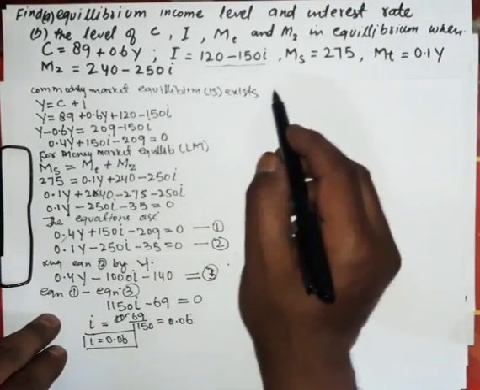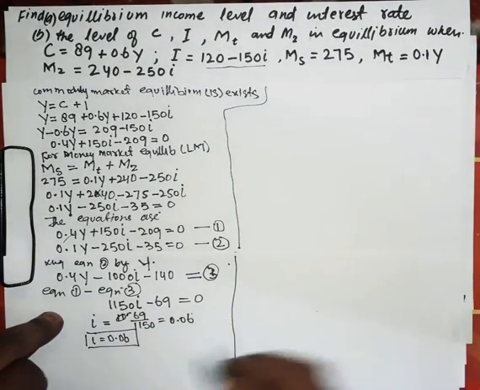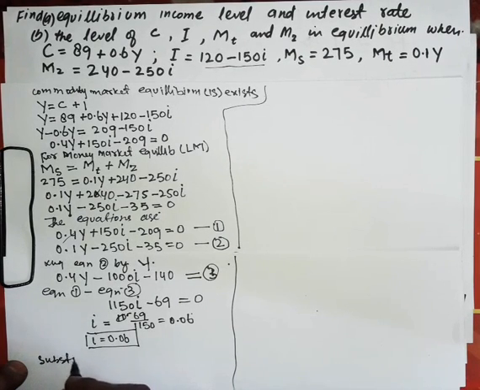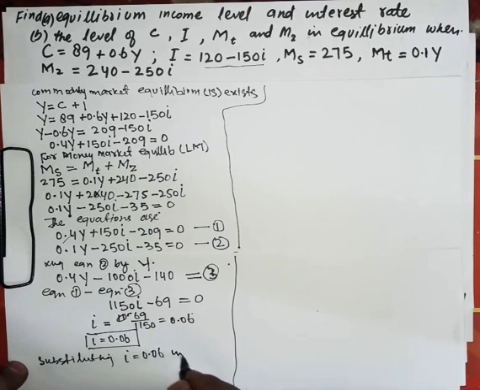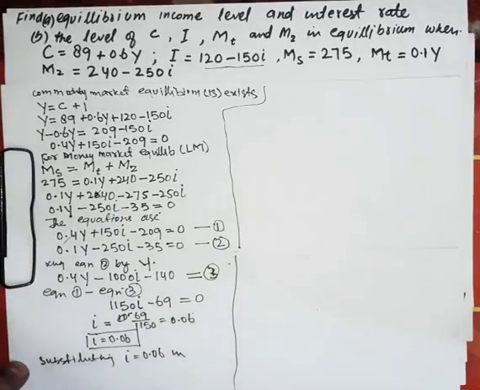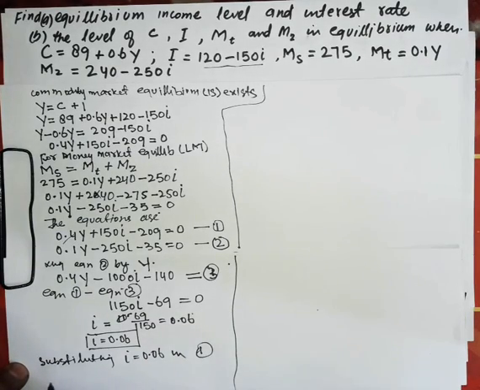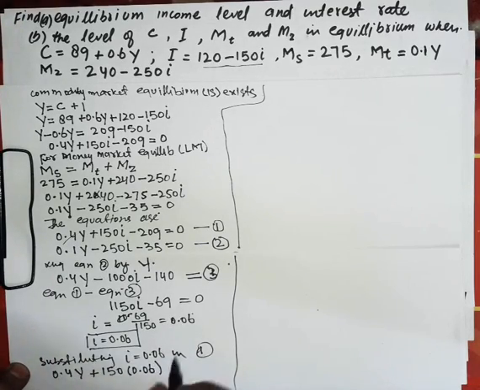Now substituting this I equal to 0.06 in either of the two equations, I will put this value of I in equation first. So this will become 0.4 Y plus 150 times 0.06 minus 209 equals 0.